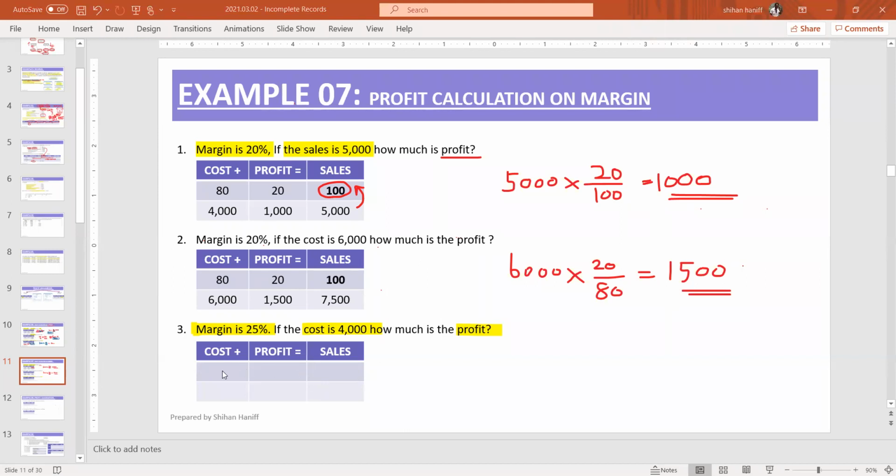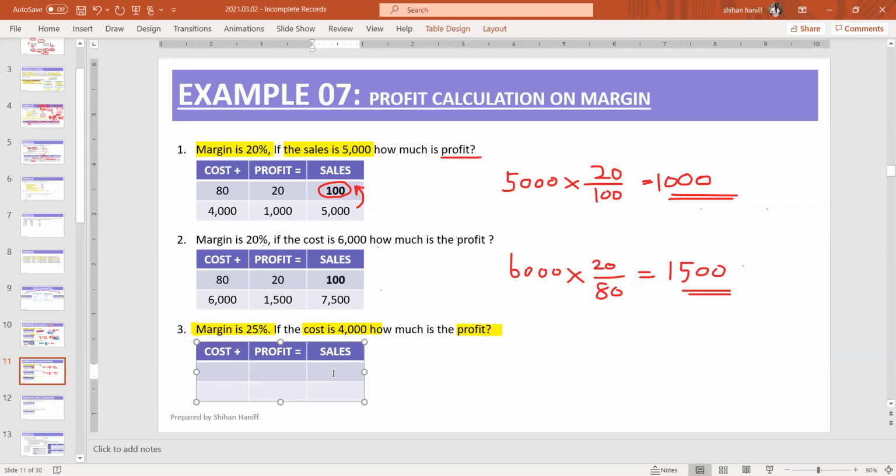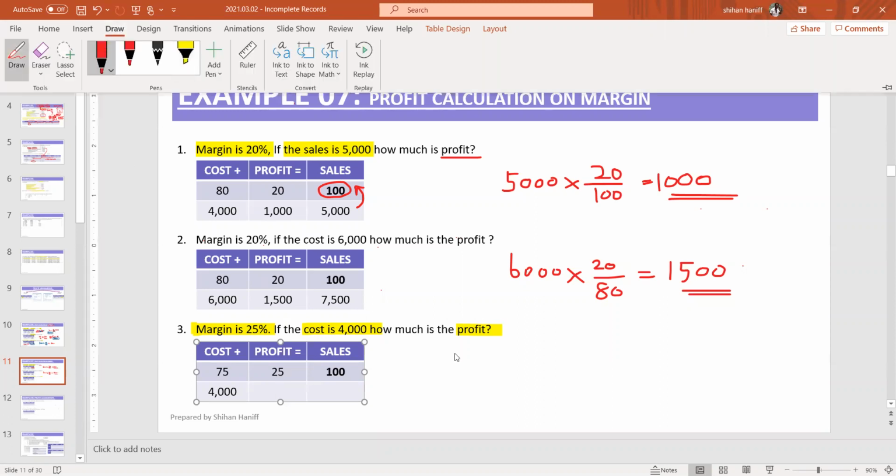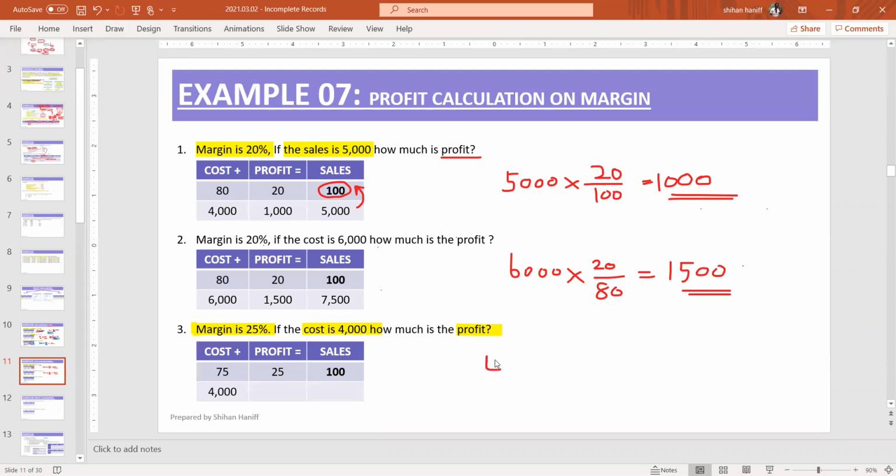Okay, so margin is 25 means sales is 100, profit is 25, cost is 75. So if the cost is 4,000, how much is the profit? 4,000 is equal to 75.